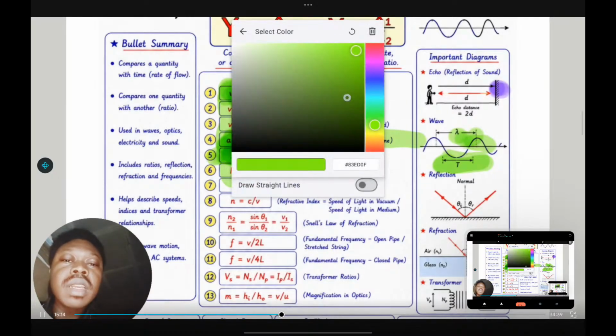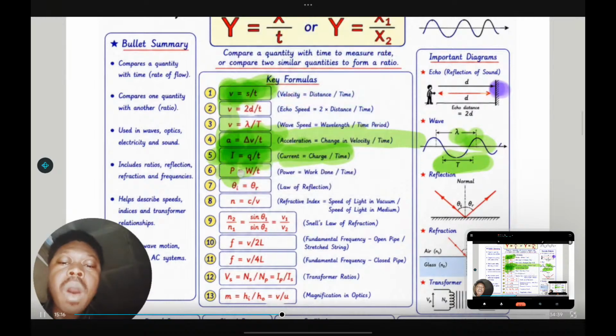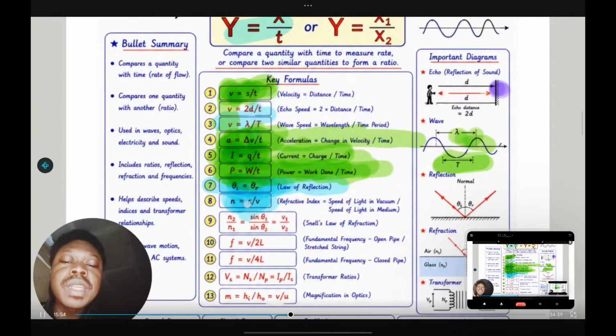Then let's look at this particular one now, where power equals work over time. Energy, the same thing. So direction is still a similar structure here. Because if you find your constant, which is your refractive index, you'll see it is taking a shape. The refractive index is the ratio of the speed of light in a vacuum to the speed in the medium. So basically, this is your reflection.